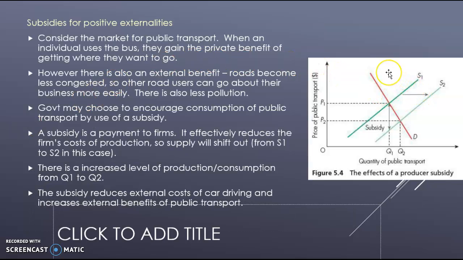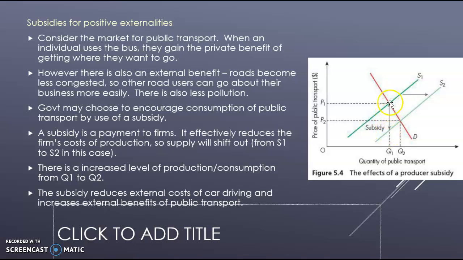Now with merit goods that have positive externalities, as well as working on demand, the government can use subsidies to try and boost the supply of the product, as we can see over here. A subsidy makes it easier for suppliers to supply that product to the market, or they're able to more easily make a profit because the government is effectively helping them out.